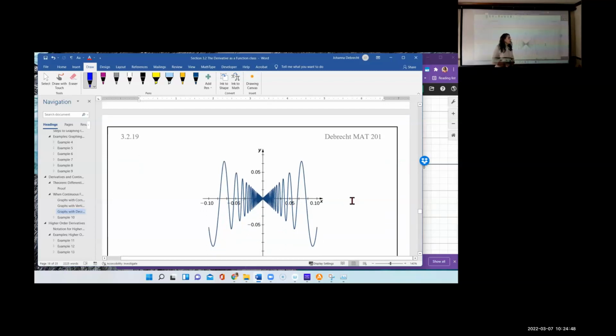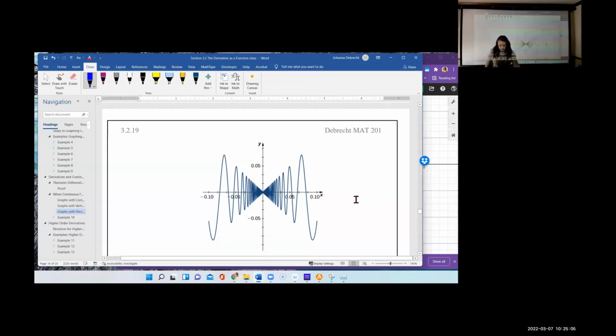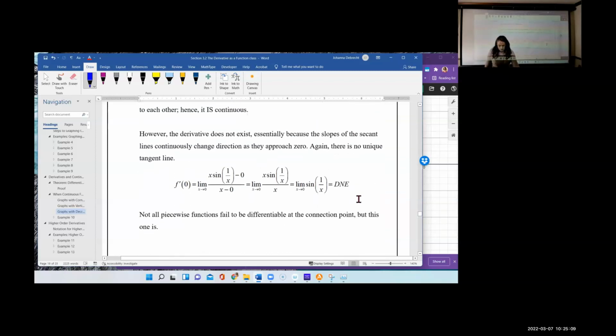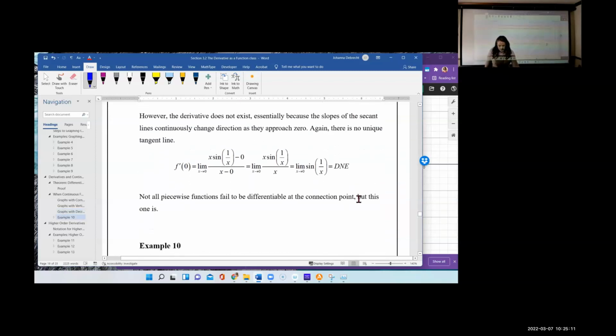So it is continuous at the origin, but it doesn't have a derivative there because the limit from the left and the limit from the right never settle down to one number. It just keeps oscillating rapidly with decreasing magnitude. All right. The limit from the left and the limit from the right do not exist.